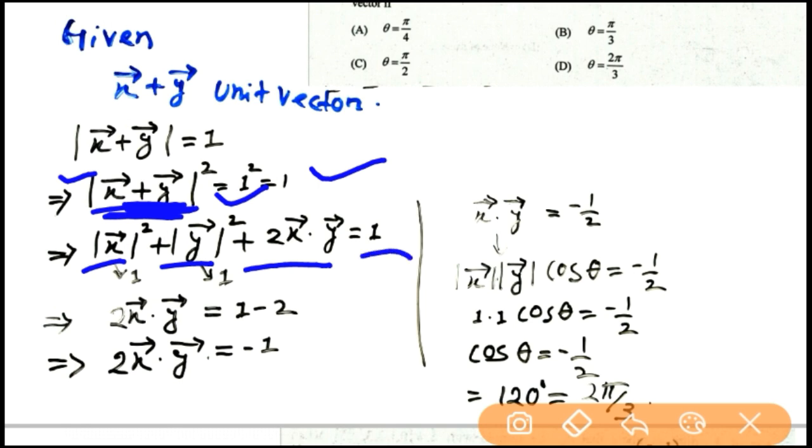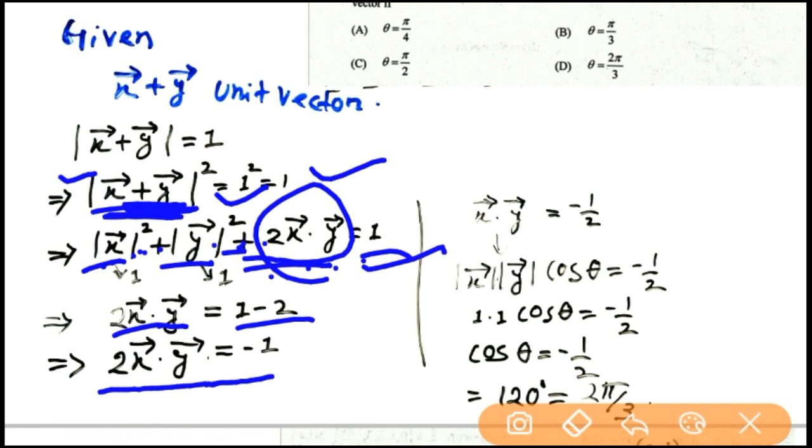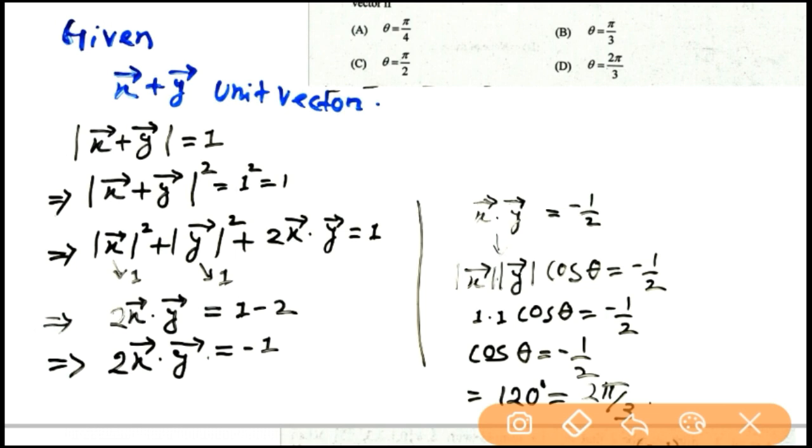So x and y are unit vectors, so 1² + 1² + 2x·y equal to 1. This is 1, 1, 2. So 2 into x·y equals 1 minus 2, that is minus 1. So x dot y equals minus 1 by 2.